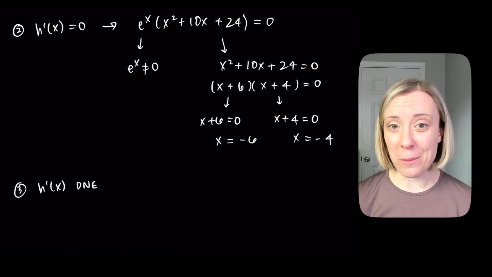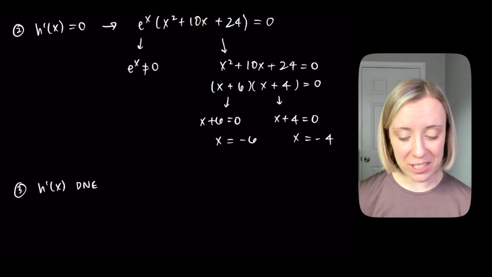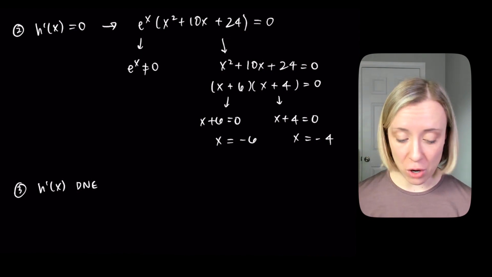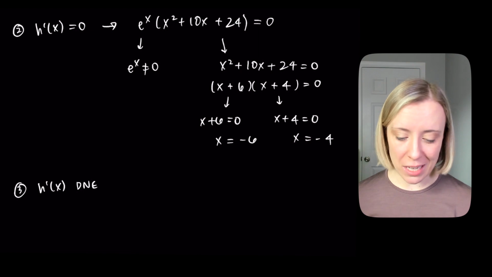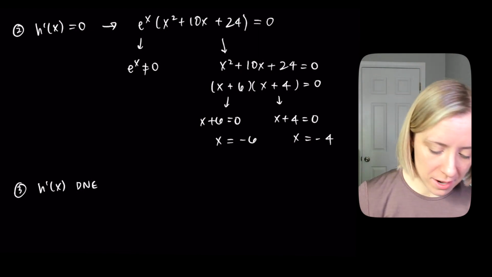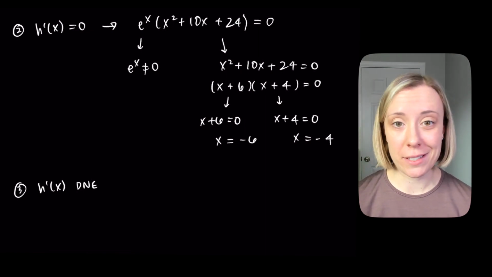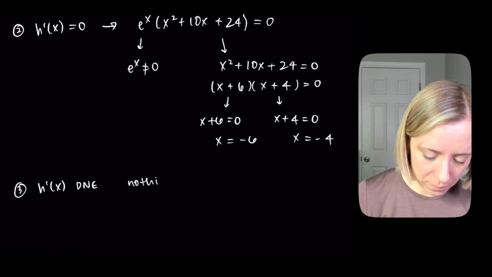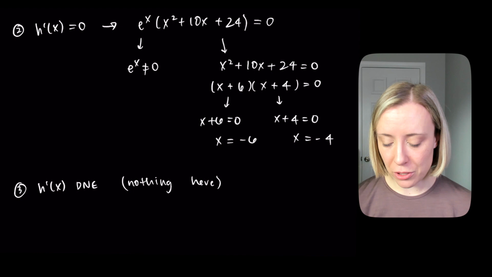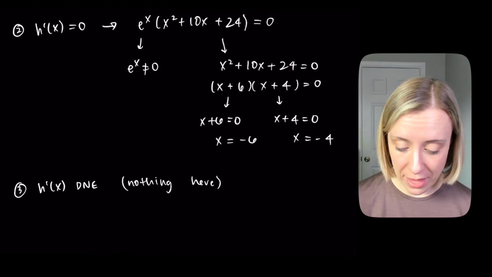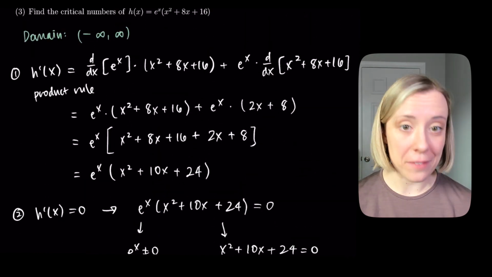It looks a lot like what we started with, just with slightly different numbers, and that had a domain of all real numbers. So here, the derivative has a domain of all real numbers too. I can plug anything I want in, so we don't get any results from this. So our critical numbers are x equals -4 and x equals -6, and that's our answer.